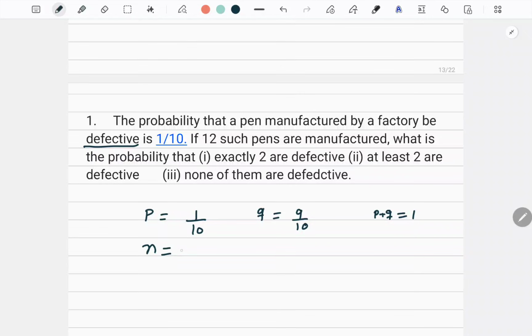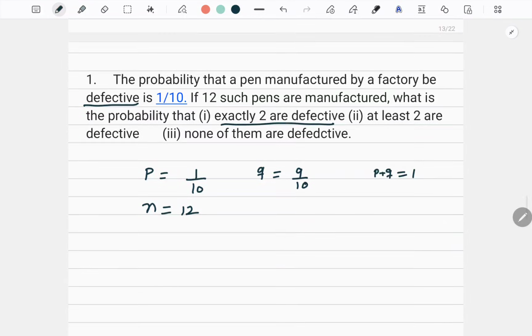Now they are saying there are 12 such pens. Now, what is the question? What is the probability that exactly 2 are defective? So first of all, I know that the probability for X is equal to x is nCx P to the power x Q to the power n minus x.